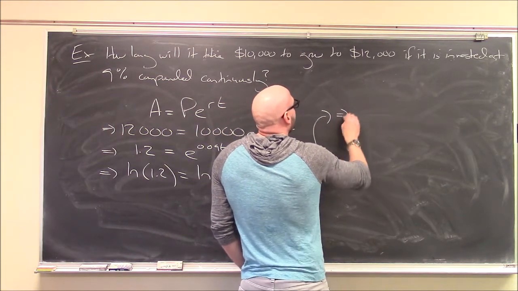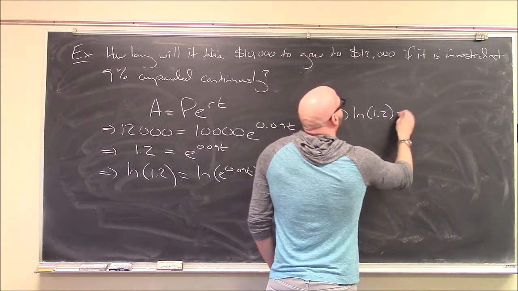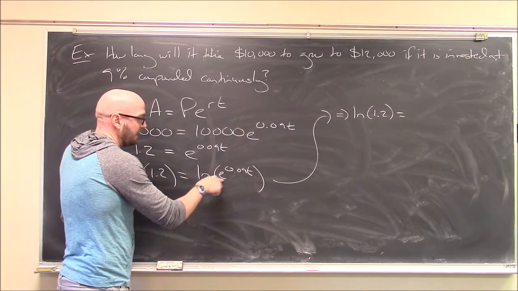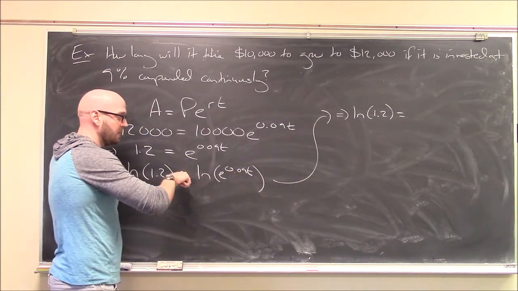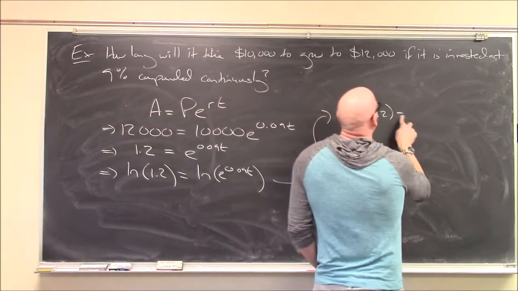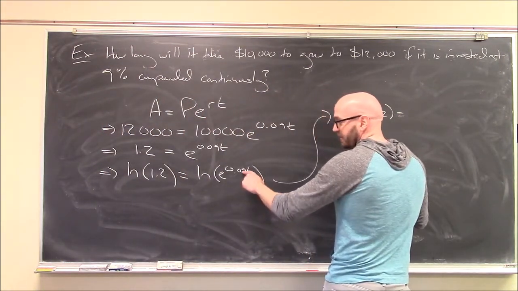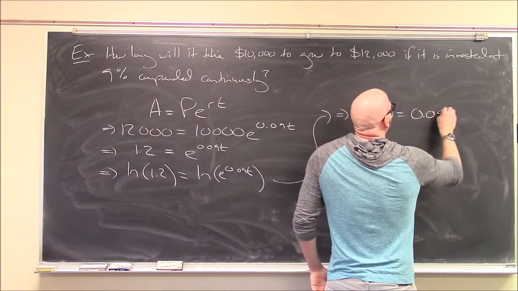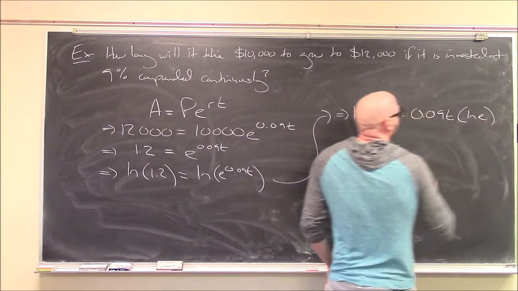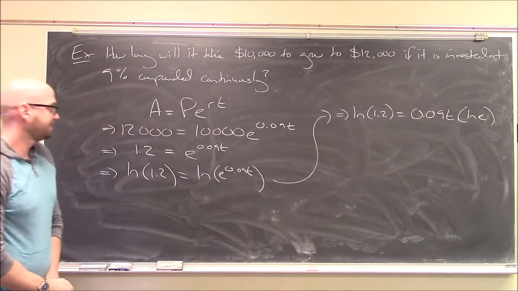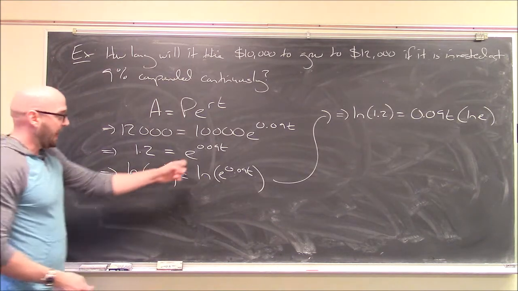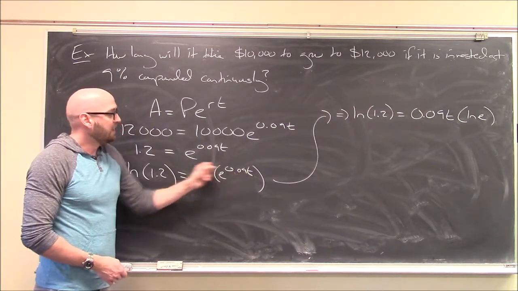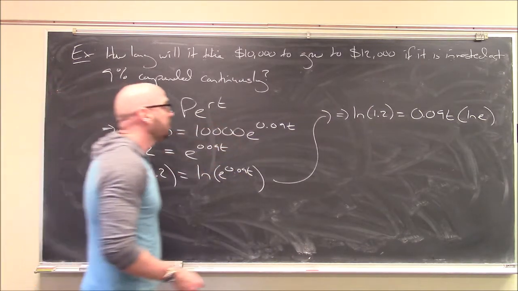Well, because of our log property that says when you have an exponent inside of your log, you can bring it outside as a coefficient. So this exponent comes out front as a coefficient. This is 0.09t times ln of e. This is why we did logs, right? I had to get this out of the exponent somehow, and taking logs of both sides allows me to do that. So I take logs of both sides, this comes out front, and now we can easily solve for t.